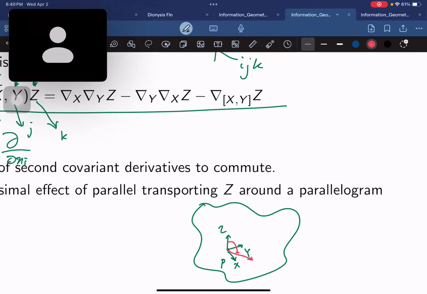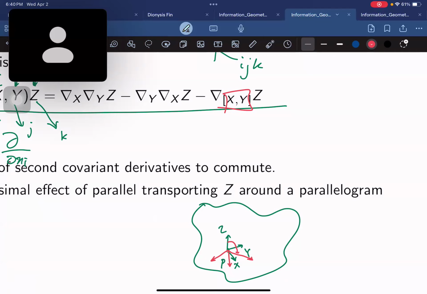Or I would change Z with respect to X first and then Y. Or I would change Z with respect to the resultant of some, this is the Lie bracket between X and Y. We don't need to dive into it. With respect to some multiplication of the two vector fields.